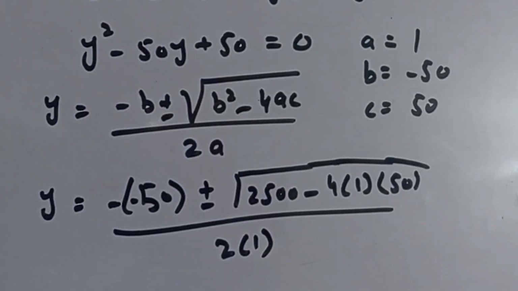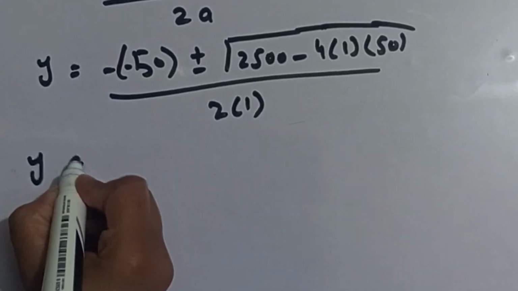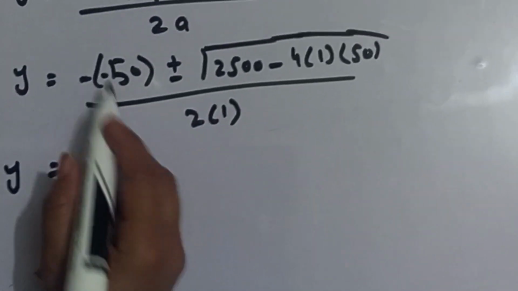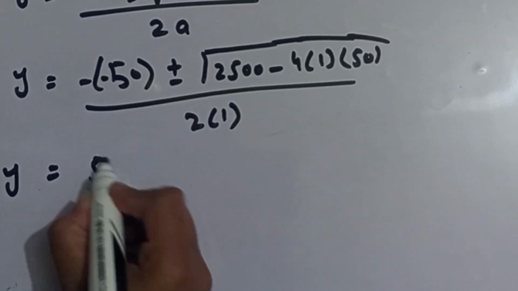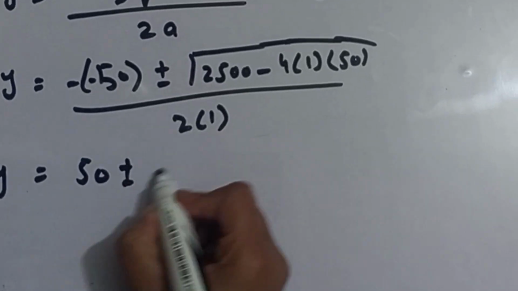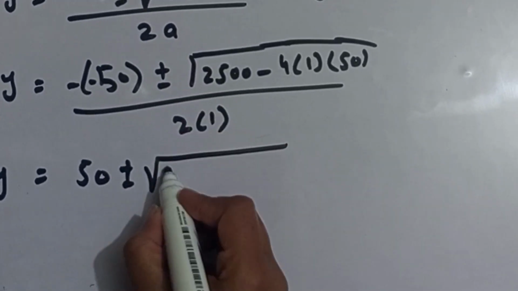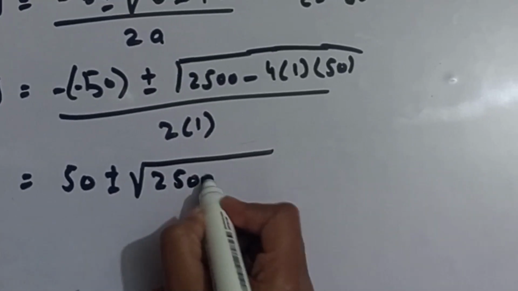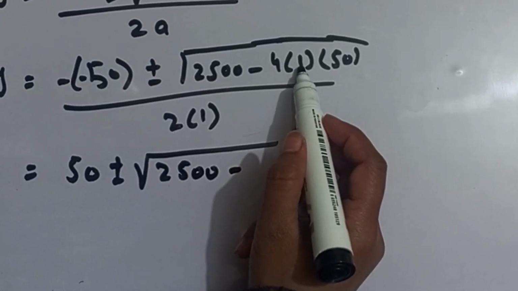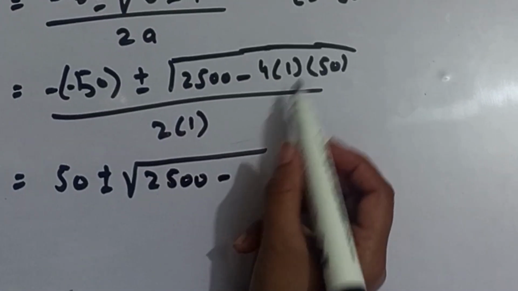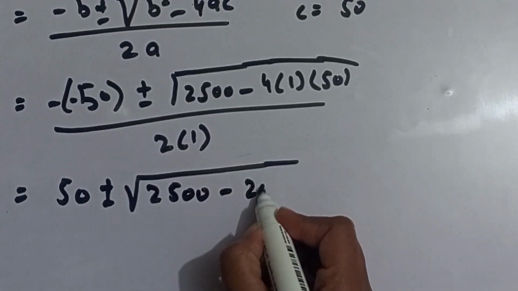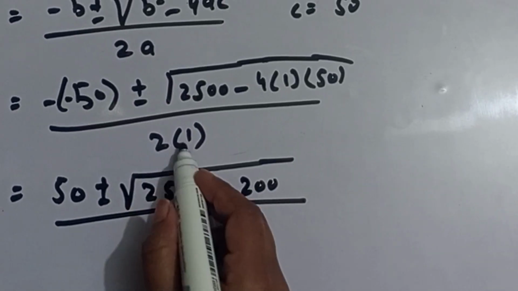Now we simplify this. So y is equal to negative will become a positive. So we have a positive 50 plus minus square root of 2500. 4 multiply 1 is 4. Multiply this 4 by 50, we get 200, over 2 ones are 2.